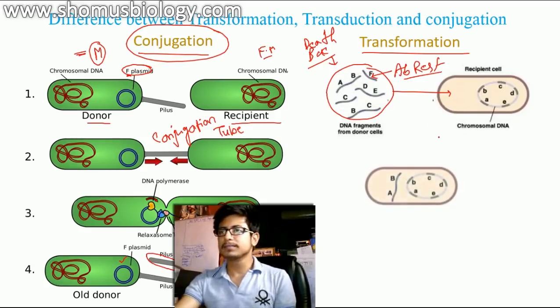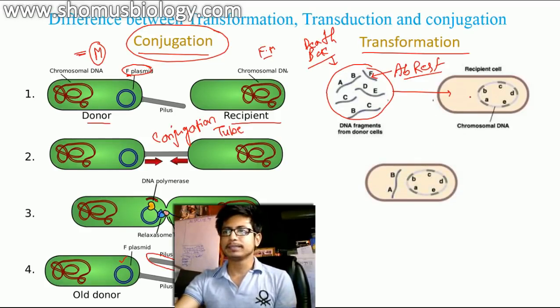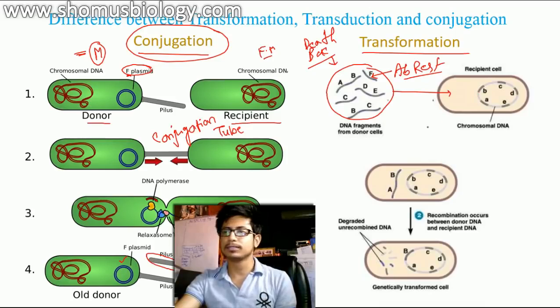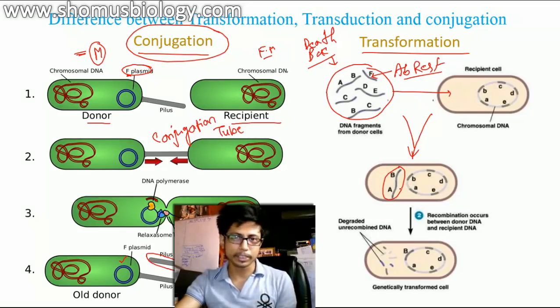In this case, they take up the fragment of DNA, and it is incorporated into the recipient cell. After this uptake, they incorporate the fragment of DNA into the cell with the help of recombination. They use the homologous recombination process to properly place this DNA in their genome.